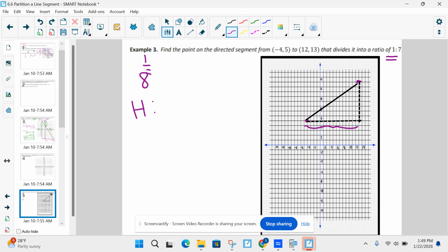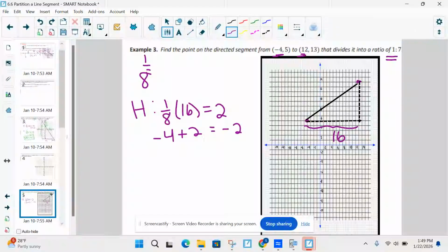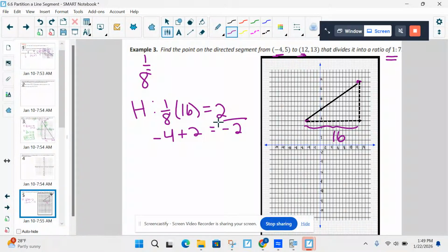From -4 to 12, that is 16 units. So 1/8 of 16 is 2. And if I take the first x coordinate -4 and add 2, we get -2. So our x coordinate is going to be at -2.